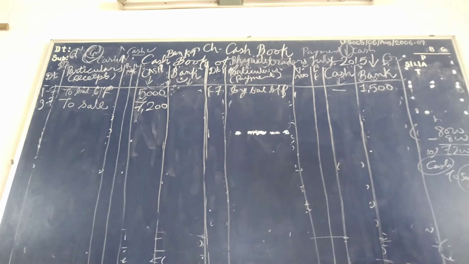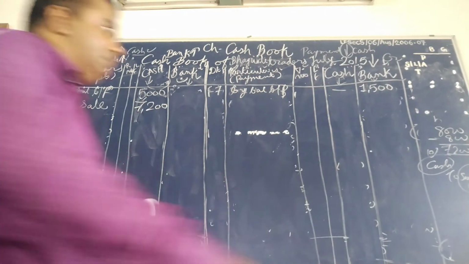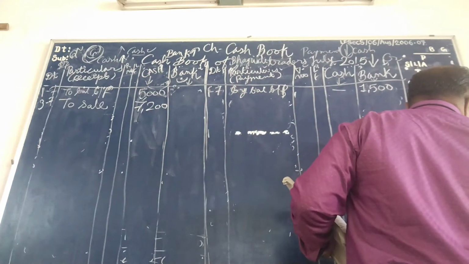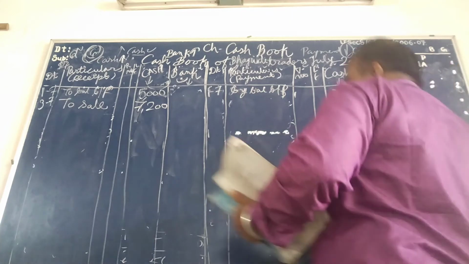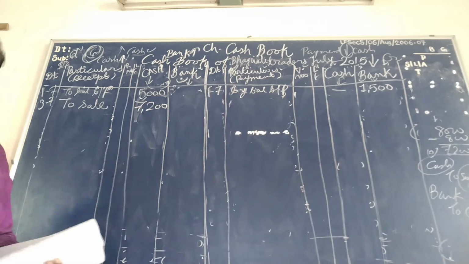So cash goes out, so cash will be credited. So bank to cash is the journal entry. And when the bank to cash or cash to bank journal entry is passed, it is considered a contra entry.